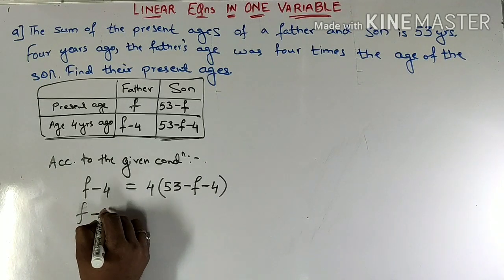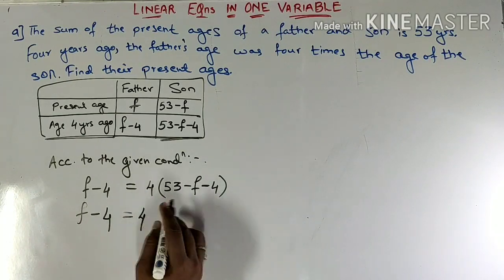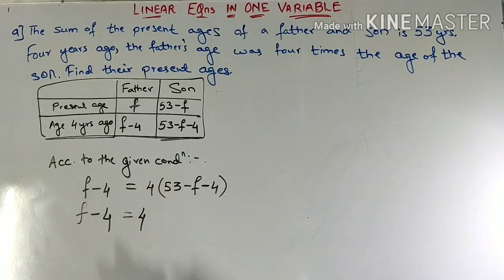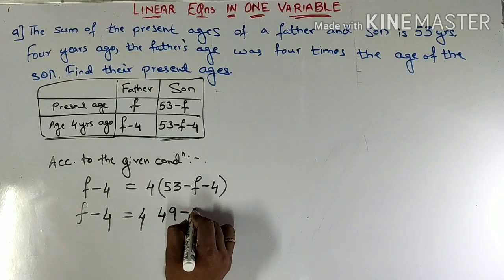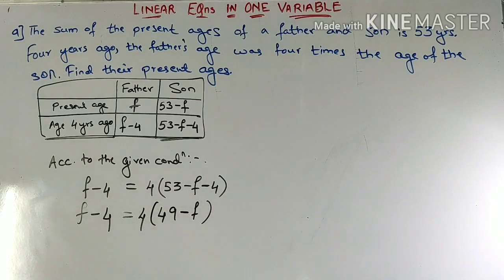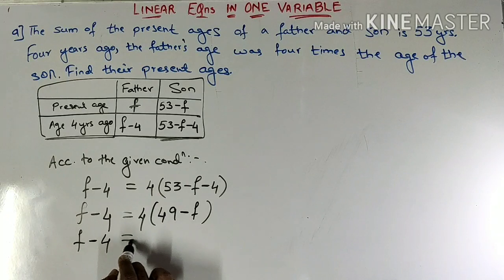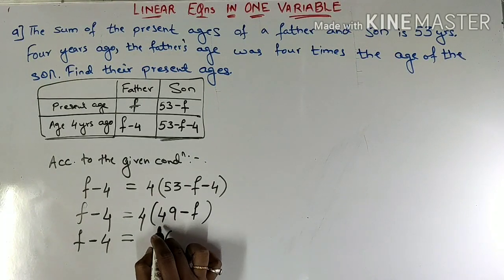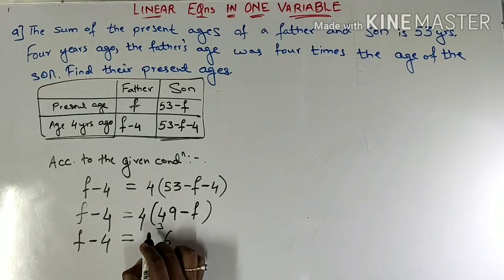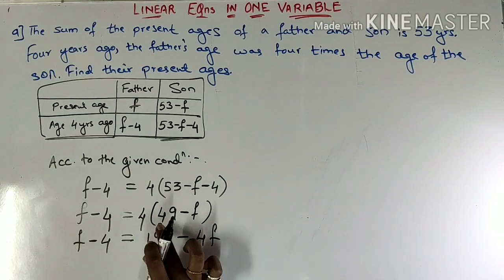f minus 4, we need to solve the bracket first, is equal to 53 minus 4 is 49. So 49 minus f. Therefore f minus 4 is equal to 196 minus 4f.